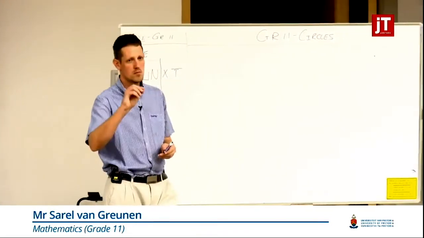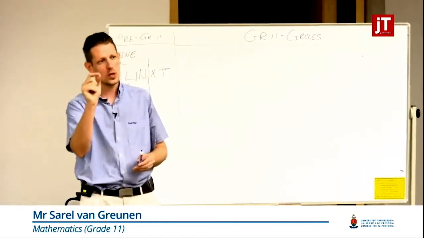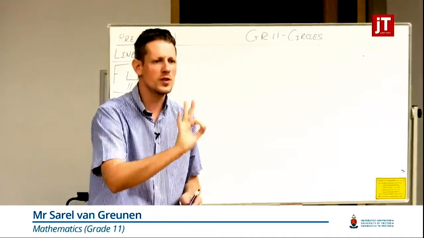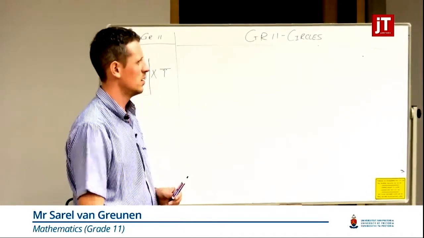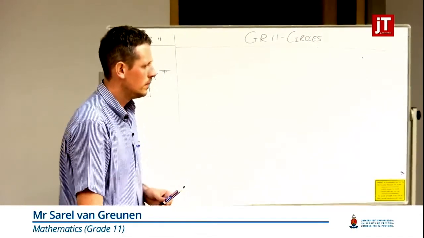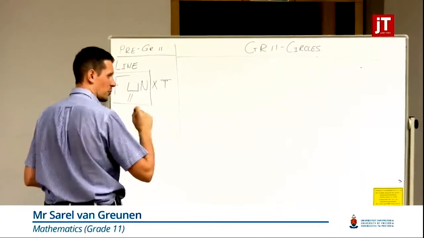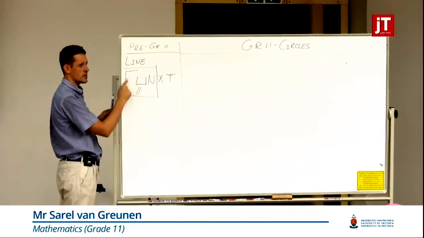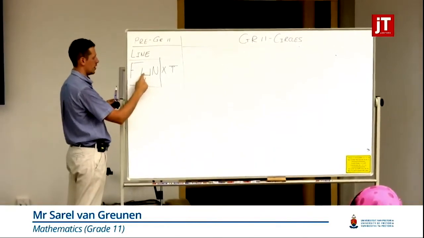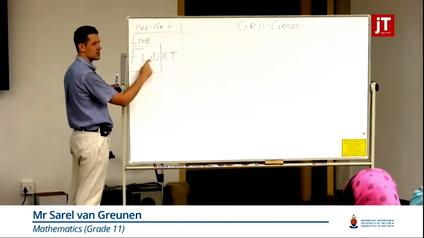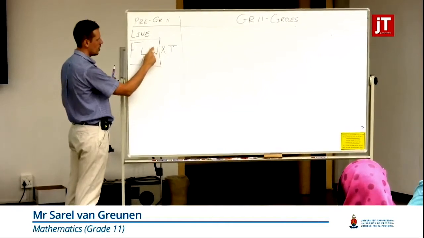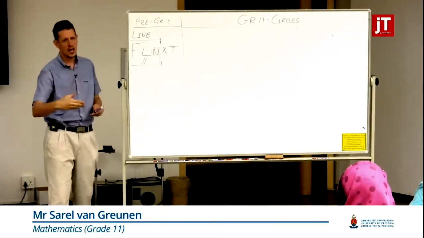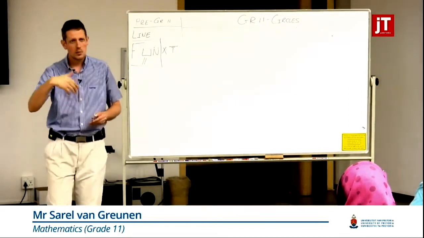Also, make maybe a side note. Remember, there are only 3 ways of proving lines parallel. If I can prove the corresponding angles are equal, the co-interior angles are supplementary, or the alternate angles are equal, then the lines must be parallel.